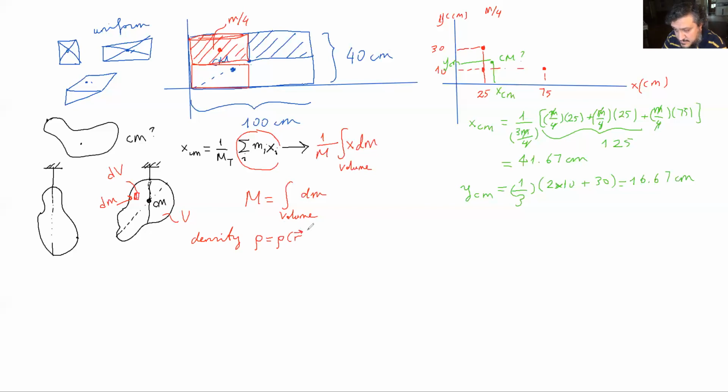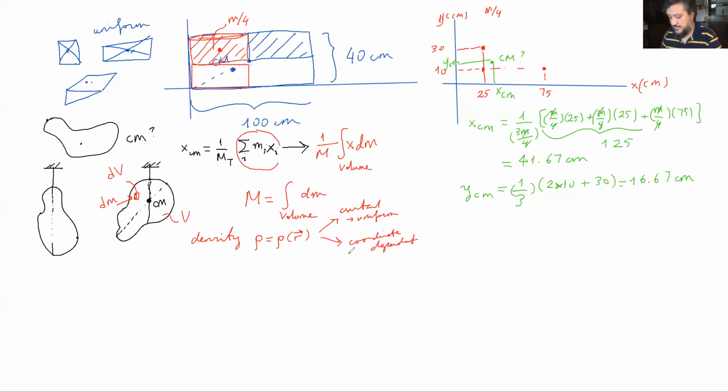So if this rho is a constant, it is uniform. If it is constant, this means it is a uniform mass distribution. If it is not a constant, it's coordinate dependent. That's what it means.